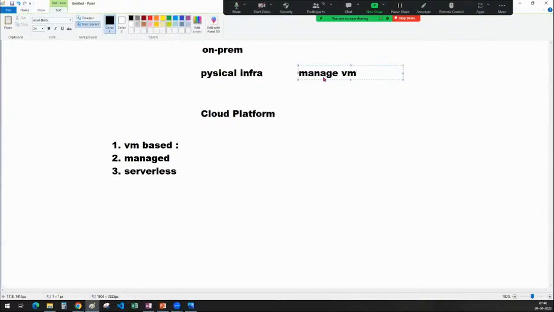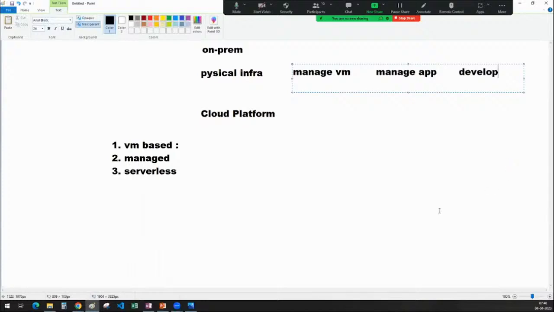And if you want to work with an application, you have to manage the application, because you have to download, install, all of those things. Again, you are the person who needs to develop the solution.